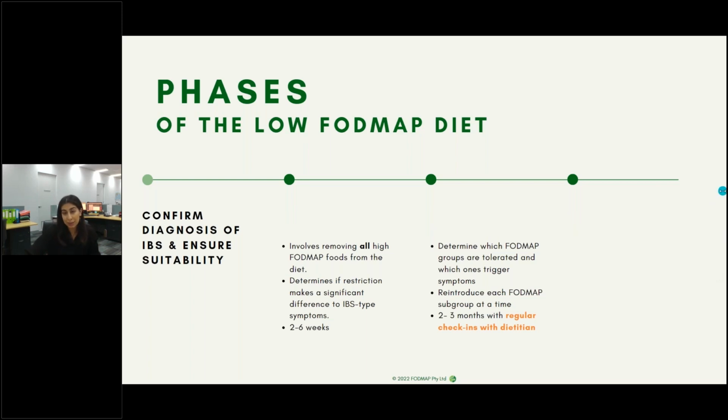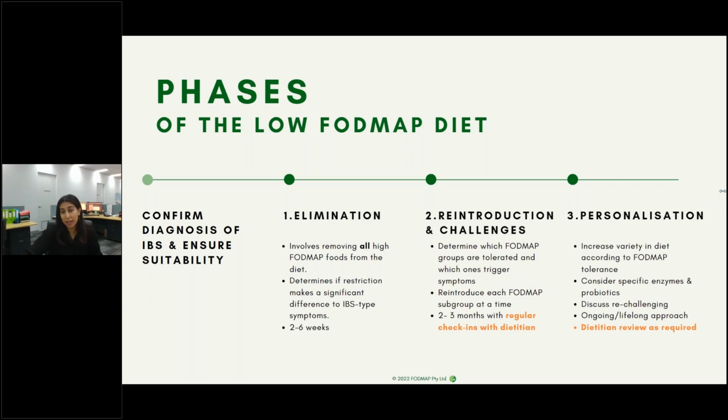And lastly, once we know exactly which of these foods are the individual's triggers, then we can personalize the diet to that individual and increase the variety in their diet. We can limit the foods that we know trigger their symptoms and reintroduce the foods that are okay with them.